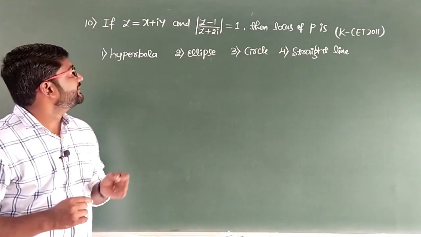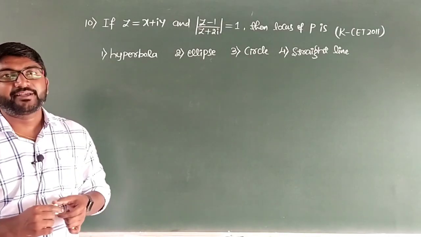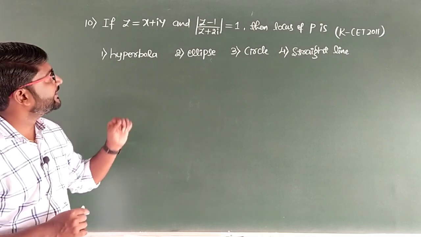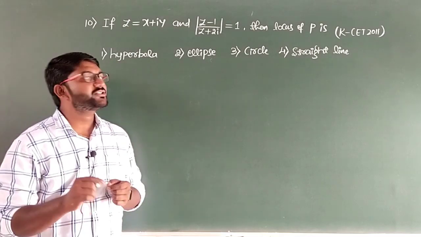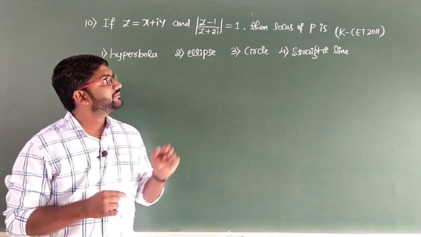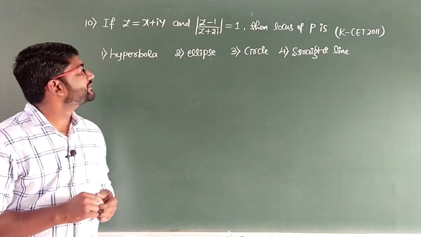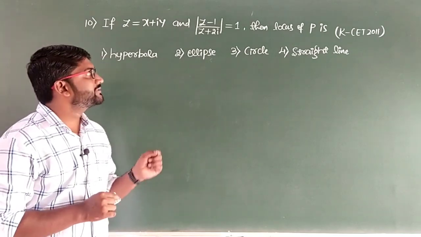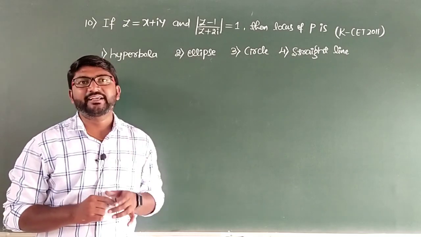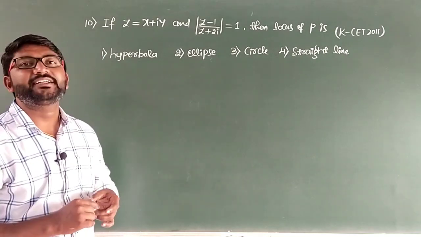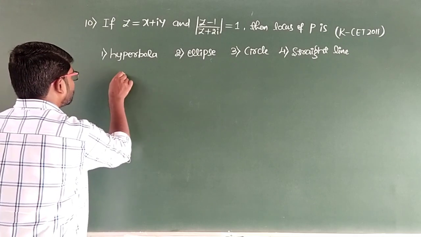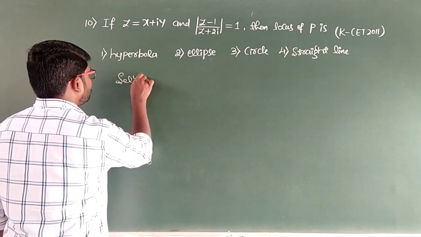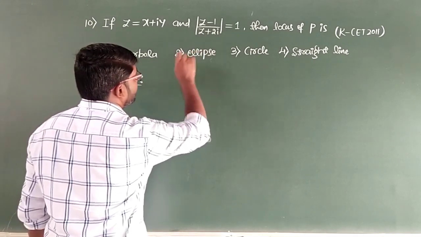Well, question number 10: if z equal to x plus iy, that means it is a complex number, and mod of z minus 1 by z plus 2i is equal to 1, then the locus of P is, and the four options are hyperbola, ellipse, circle and a straight line. This was asked in Karnataka CET 2011. So let us solve this. Straight away I will take this condition now.